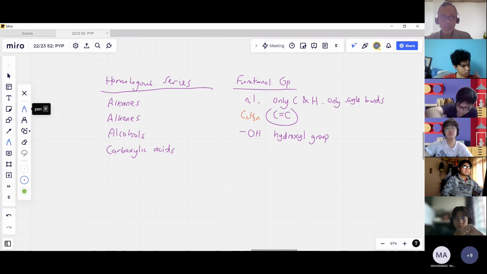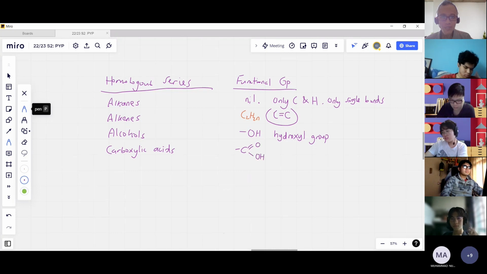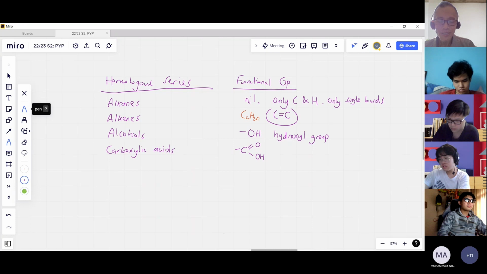Okay, come, guys. If you have your notes around you, make sure you write this down. Basically, they have this particular thing. This is of course in your syllabus. You need to recognize it, and there's a name as well, which you need to know: the carboxy group.